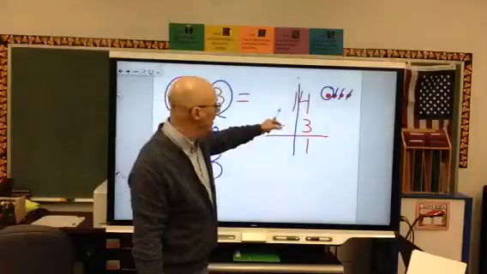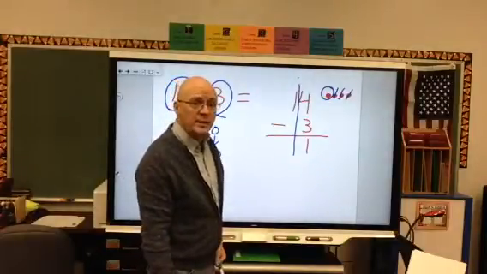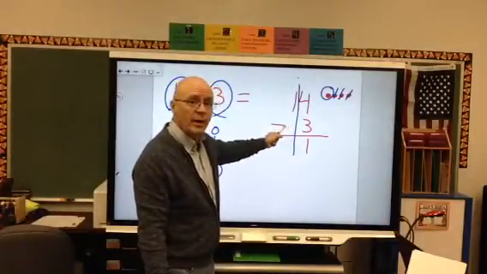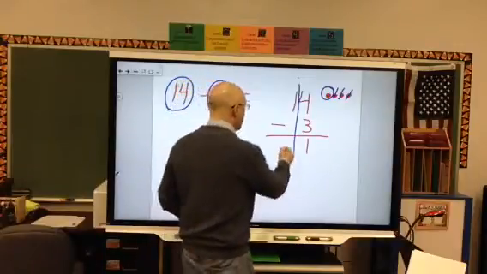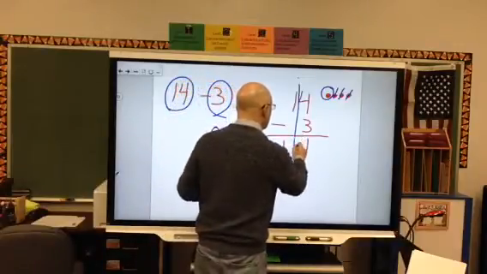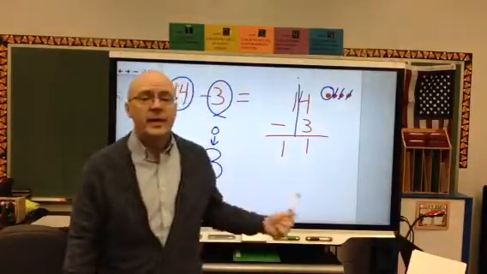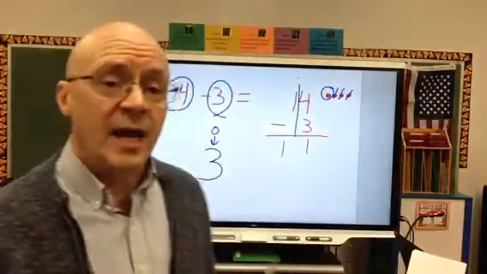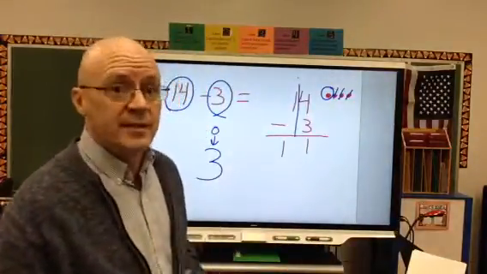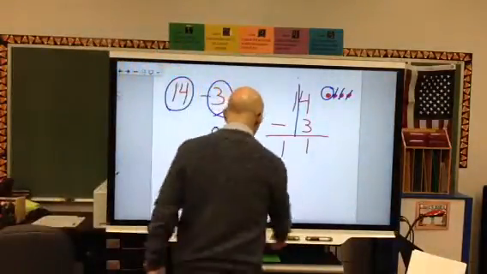Now I move to my tens place. I started with 1 ten. How many tens did I take away? None. There's no tens there, is there? So my answer, my difference between 14 and 3 is 11. Or the answer to 14 minus 3 is 11. The difference is 11.